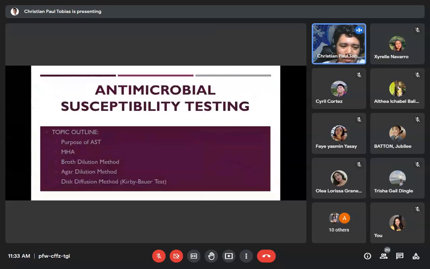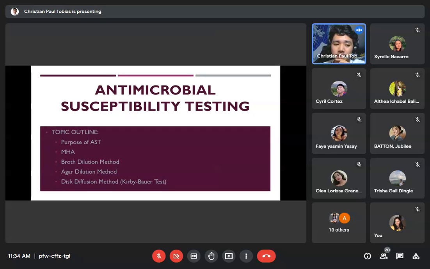Okay, today we will talk about antimicrobial susceptibility testing. From the previous term, we already gave this a bird's-eye view, especially the streaking of plates. We all know the purpose of AST; we discussed it in antimicrobial resistance, right? The purpose of AST is to know which antibiotics should and should not be used, based on their zones of inhibition.